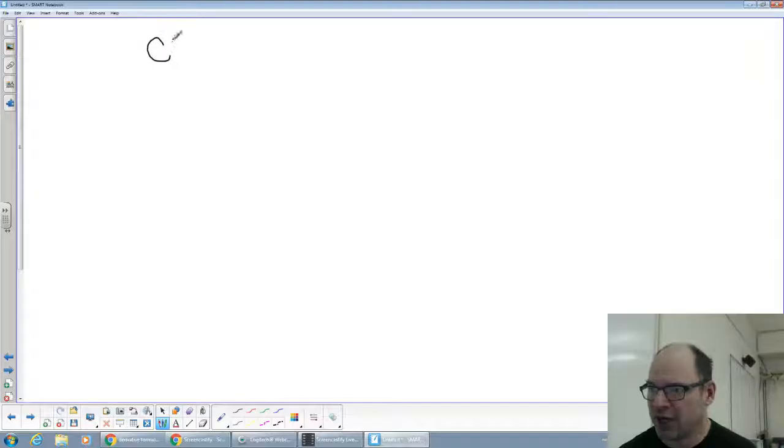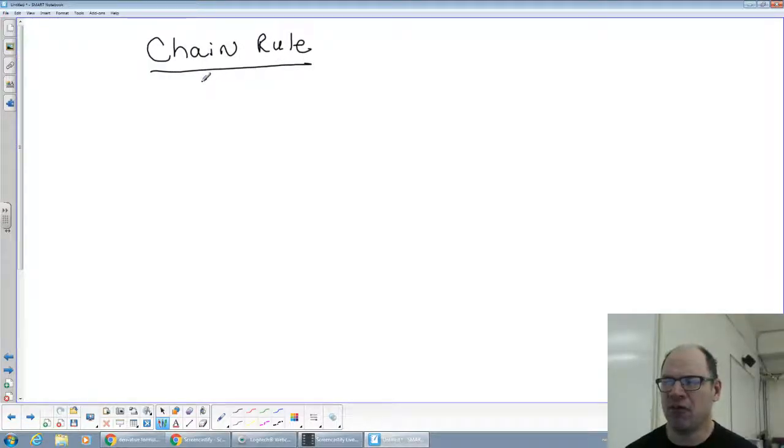Remember, chain rule. This is where you're chaining them together using dummy variables if you need to. Typically the chain rule comes in if you have square roots, cube roots, whatever kind of root things.